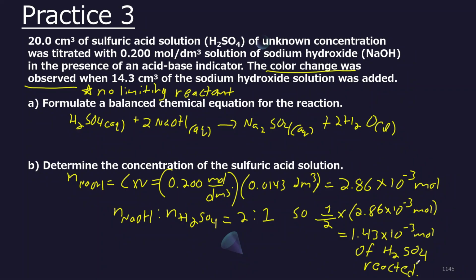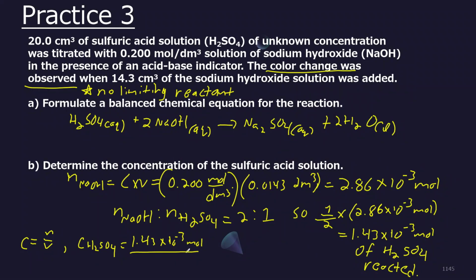Okay, and then I think we need to finally find the concentration of that sulfuric acid. Again, go back to the roots, C equals n/V. So the concentration of sulfuric acid, H2SO4, is equal to its moles that we just calculated, 1.43 times 10 to the minus 3, divided by its volume.